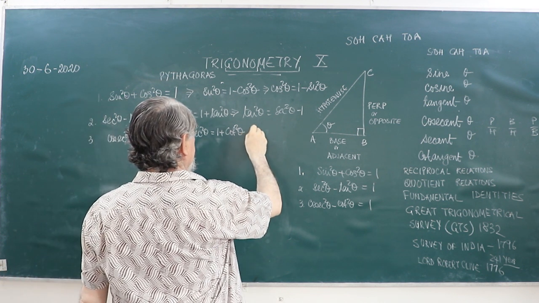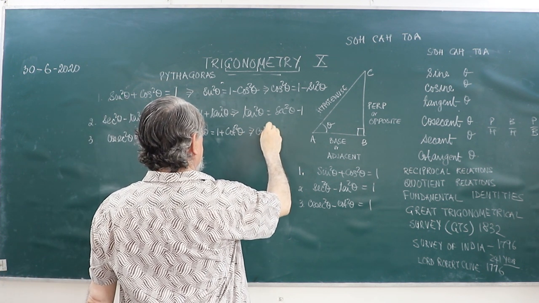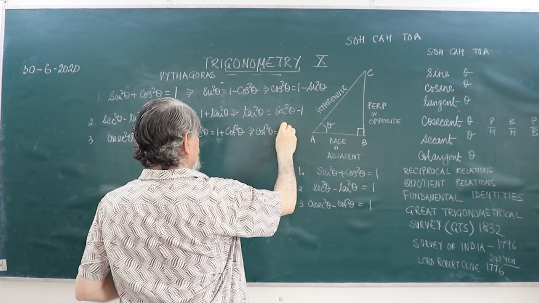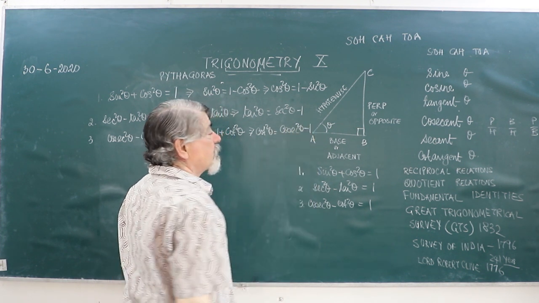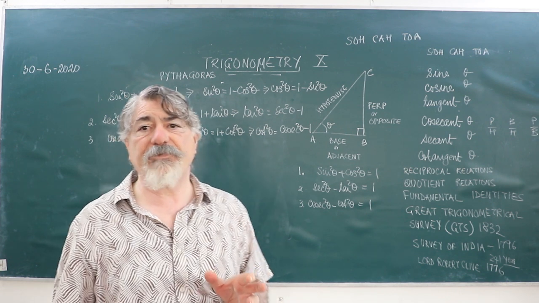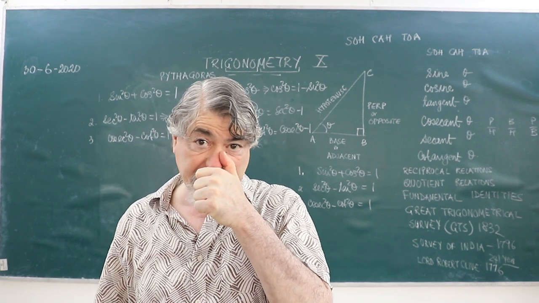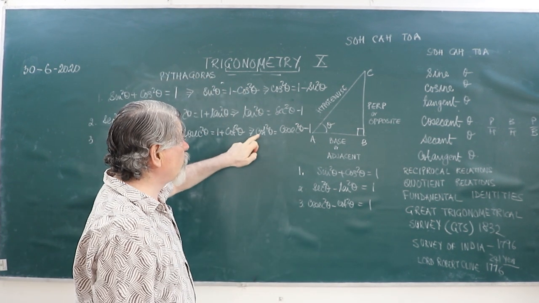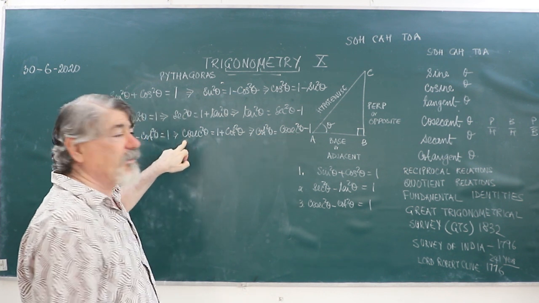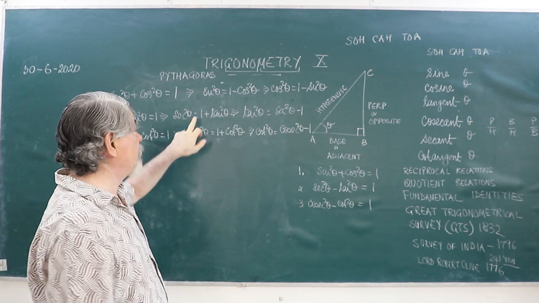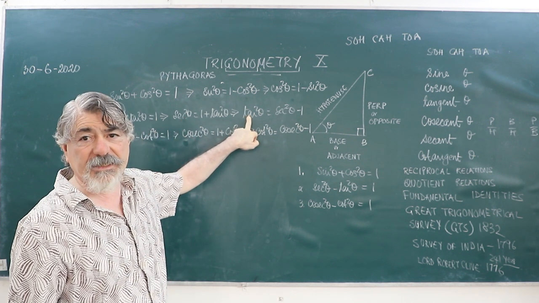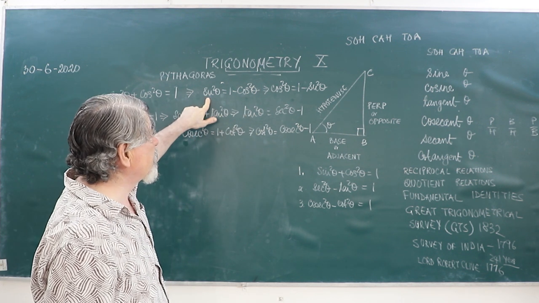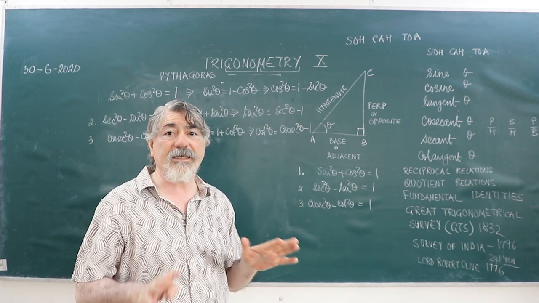Or I can write cot square theta as cosec square theta minus 1. It is just this change of subject of the formula. Here I have made cot square theta the subject of the formula. Here cosec square theta is the subject. Here sec square theta is the subject. Here tan square theta is the subject. Here sin square theta is there. Here cos square theta is there.